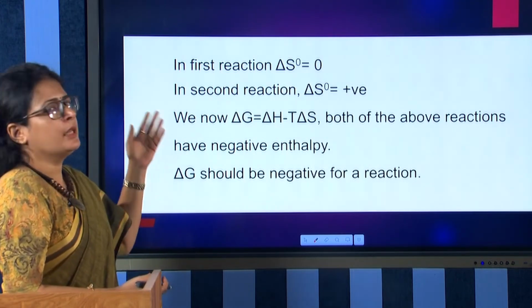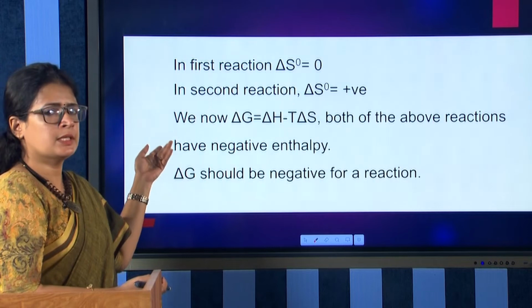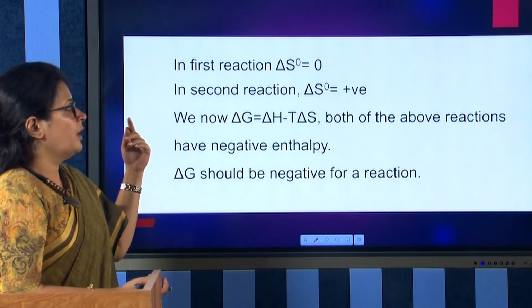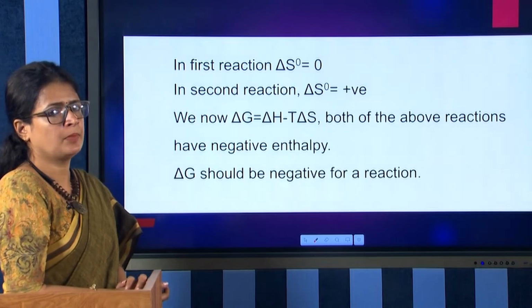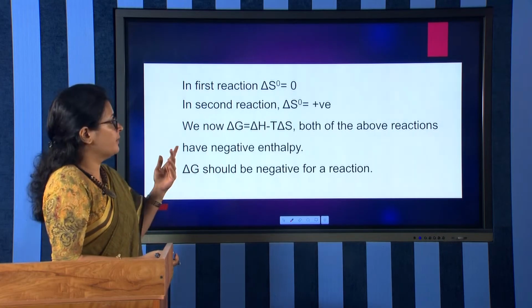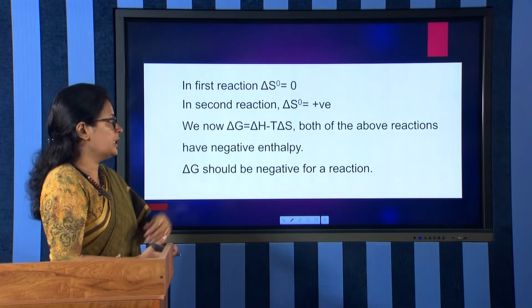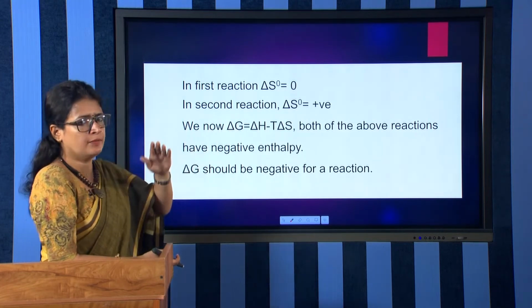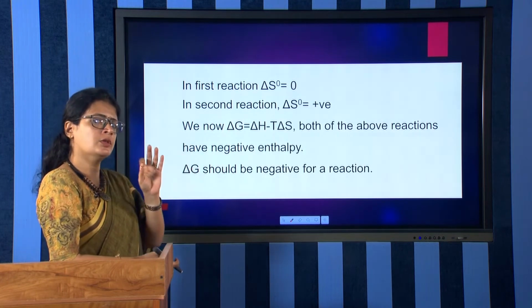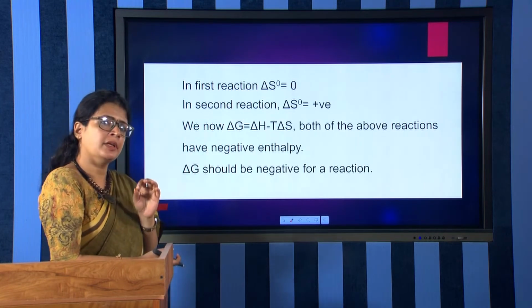When we compare both the reactions discussed, it was found that delta H is negative for both. Now, what is the determining factor for the value of delta G? It is temperature and delta S. If we keep the temperature of both reactions constant, delta S is the determining factor.